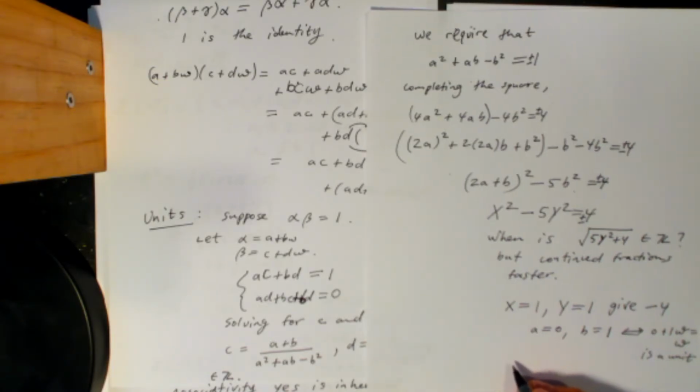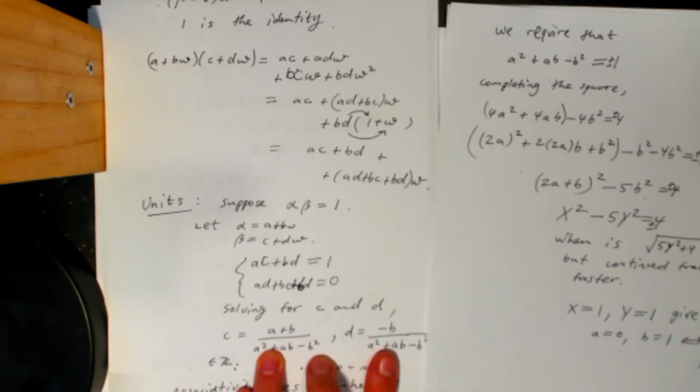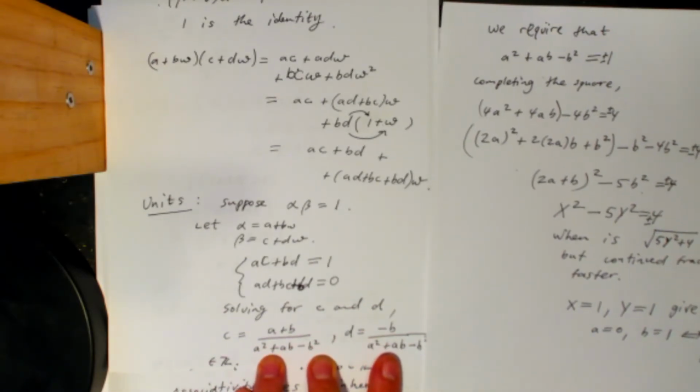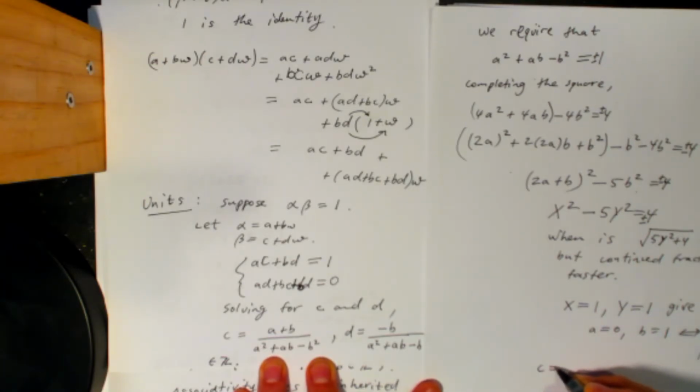So remember we had a formula for C and D, which we write here on the left page. In this case we got this denominator being minus 1. We found out that A is 0 and B is 1. So C is equal to (0 plus 1) over minus 1, which is minus 1. And D is equal to minus 1 over minus 1, which is equal to plus 1.